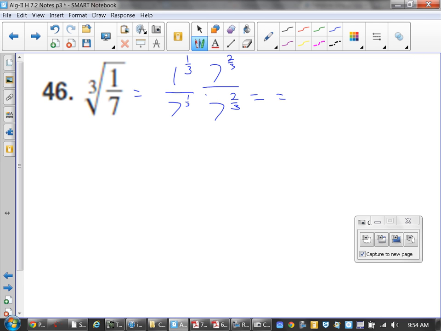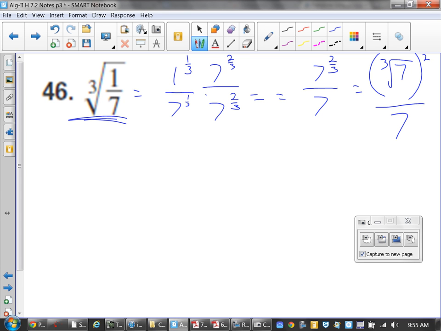So this becomes 7 to the 2/3 over 7. That's because the exponents add together, 1/3 plus 2/3 is 1. Now, that's 7 to the 2/3, and since I started as an nth root, I just need to rewrite that as an nth root. So it becomes the cube root of 7 squared all over 7. And then there's nothing left to do. Why is it 7 to the 2/3 and that's 7?